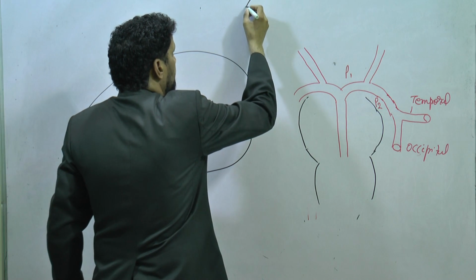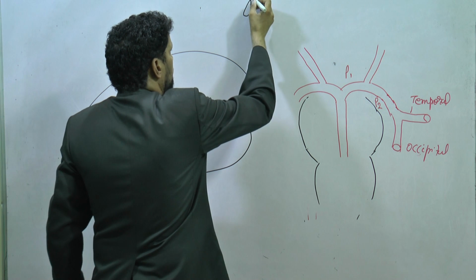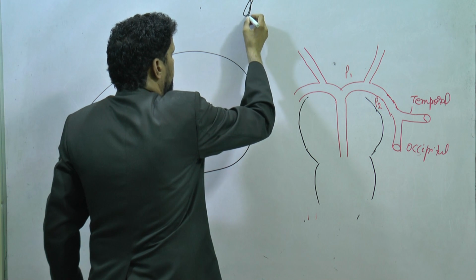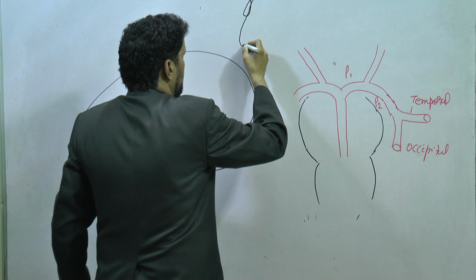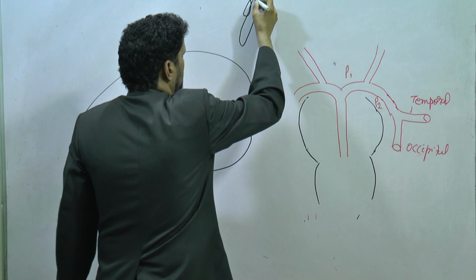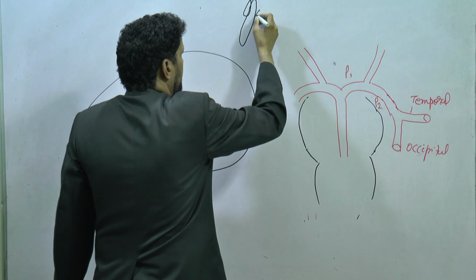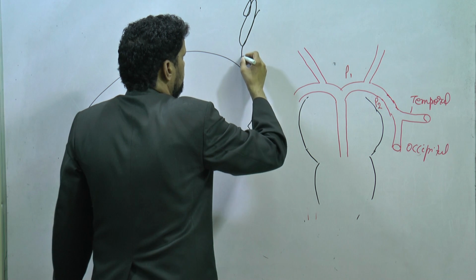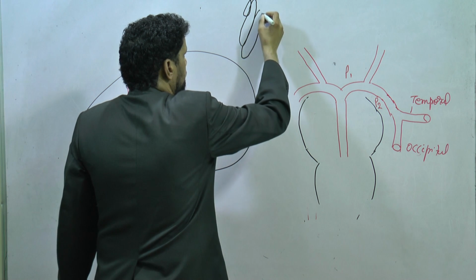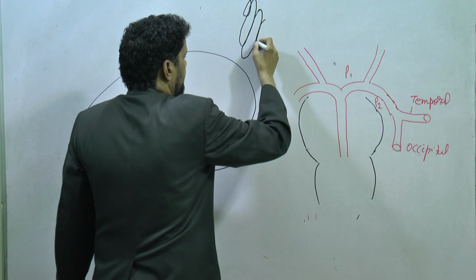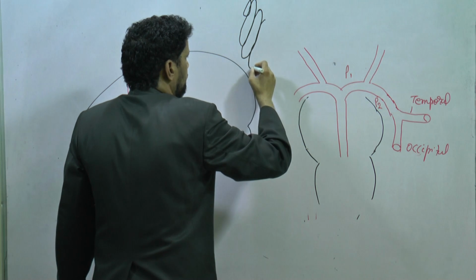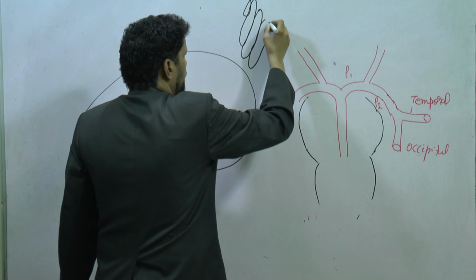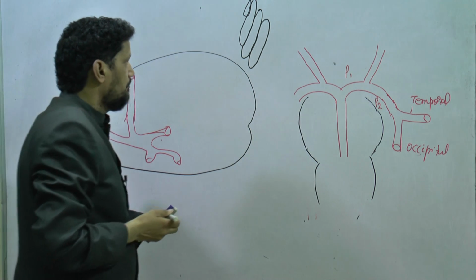supplying the uncus, the parahippocampal gyrus, the medial and lateral occipito-temporal gyrus.